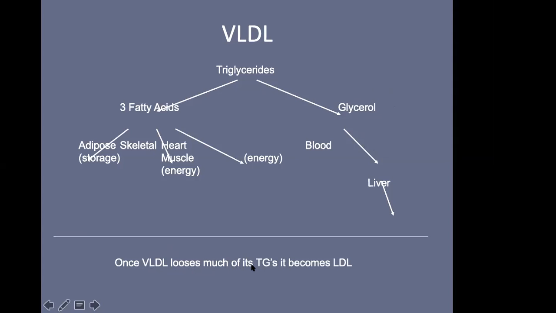Once VLDL loses much of its triglyceride, it becomes LDL.